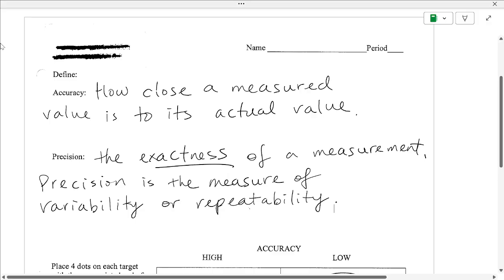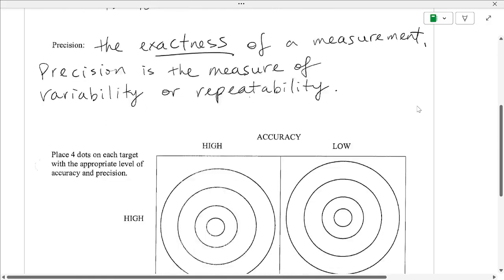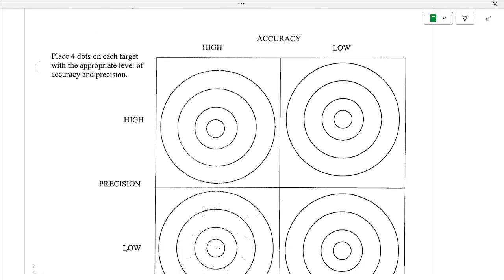So in the little video we watched, they used an archer. If an archer is highly accurate and highly precise, that means he will hit the bullseye repeatedly. What if he's low in precision but high in accuracy?